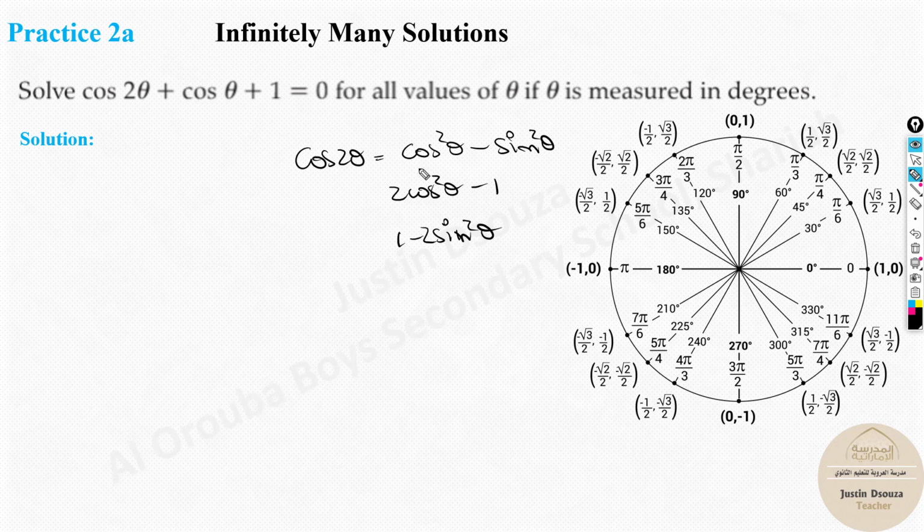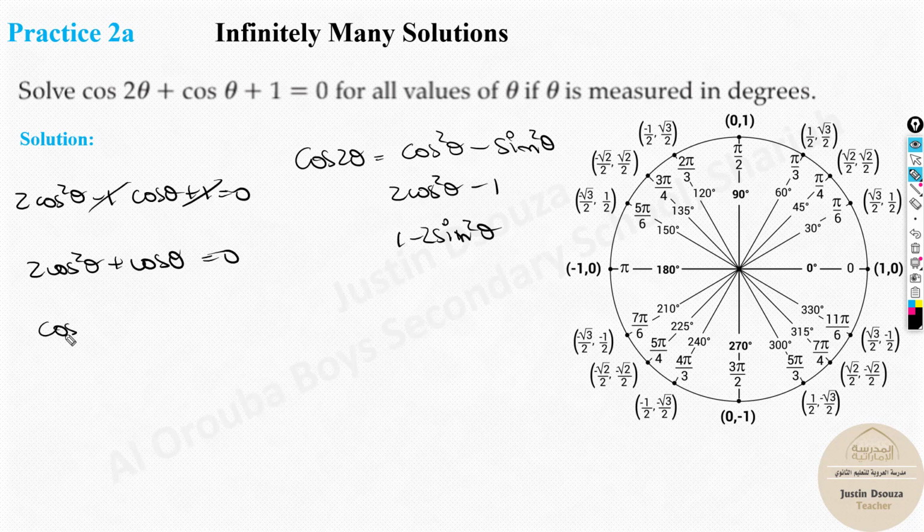Now you can look over here, there is cos theta, then cos square. You can easily take cos theta out, isn't it? So in such cases, always go with 2 cos square theta minus 1. Now let's apply this: 2 cos square theta minus 1 plus cos theta plus 1 equals 0. Minus 1 plus 1 cancels off. You will have 2 cos square theta plus cos theta equals 0.